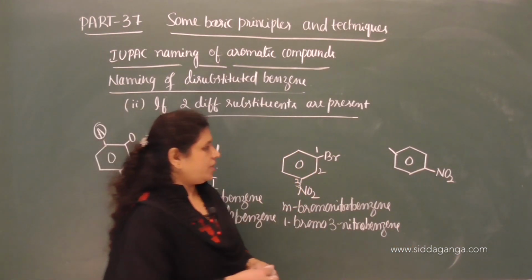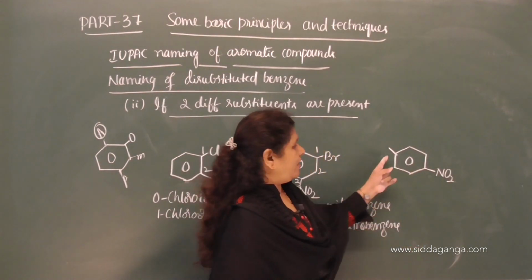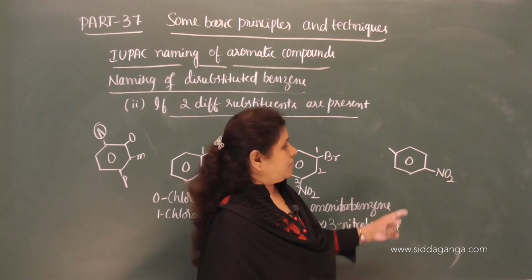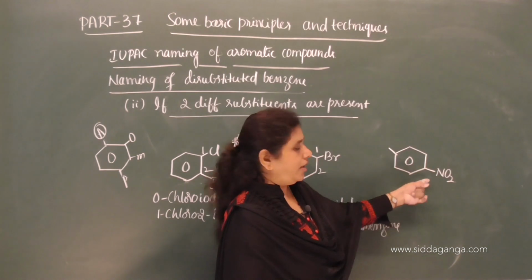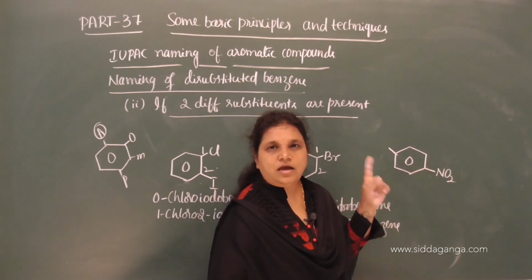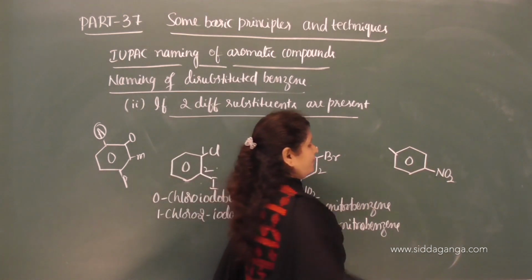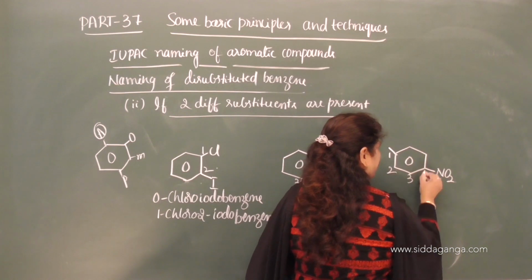Now, move on to the next. Methyl group is there, nitro group is there. See here, they are on the opposite positions. 1, 2, 3, 4 or else 1, 2, 3, 4. So, 1, 4 position is opposite positions. Therefore, methyl comes first, 1, 2, 3, 4.